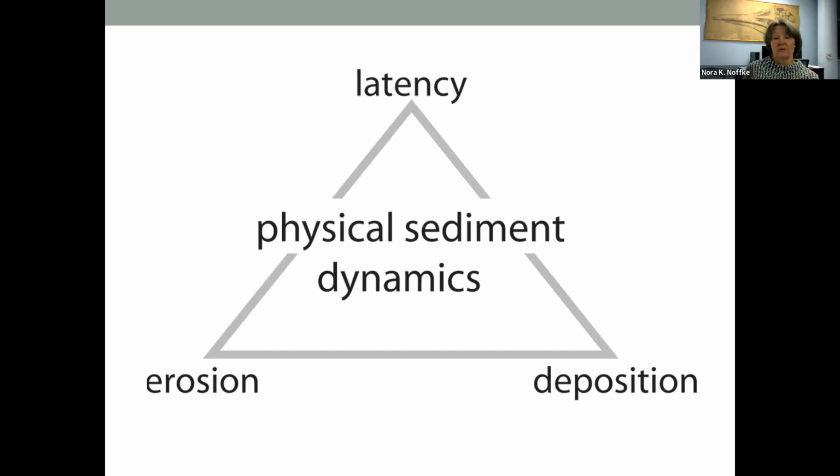So you all know what physical sediment dynamics is. It's erosion of sediment, or it's deposition of sediment. And then there is latency or stasis, which is a time frame during which the sediment is not moved around by water motion. So it is completely quiet.